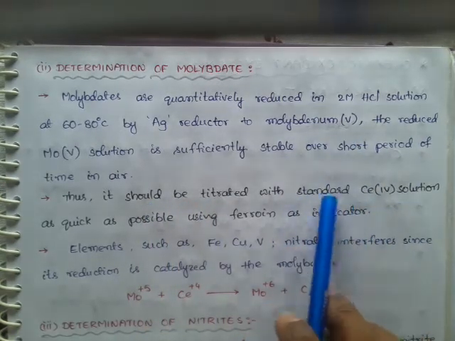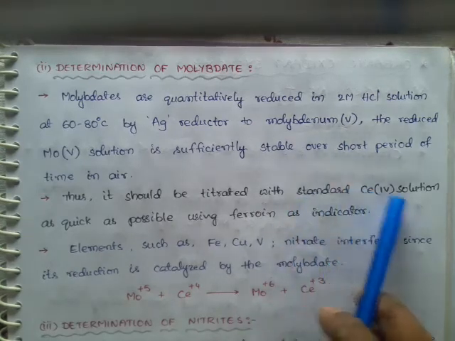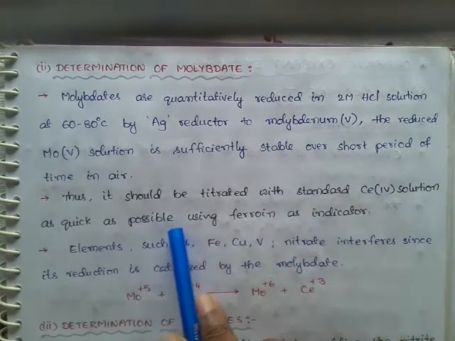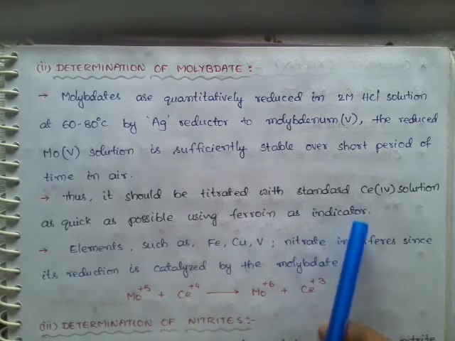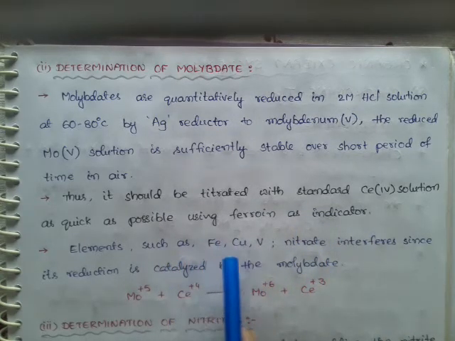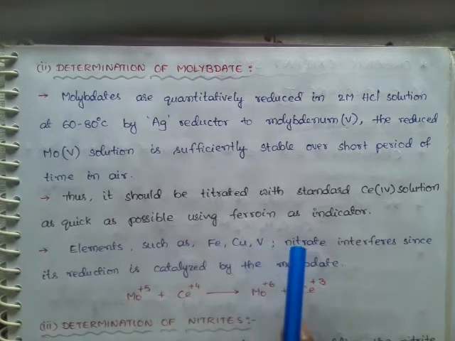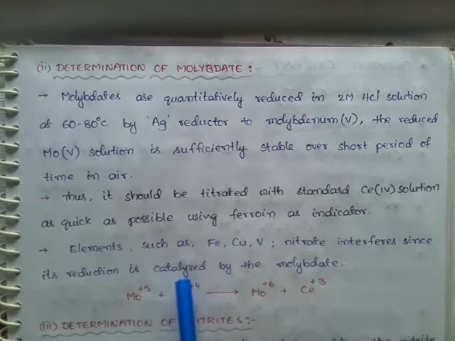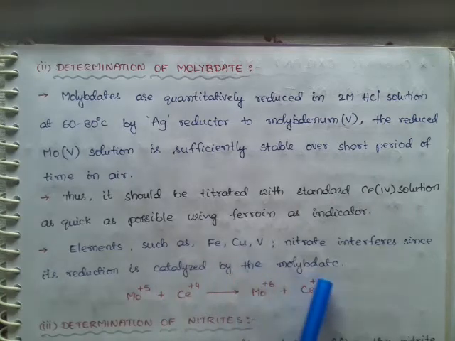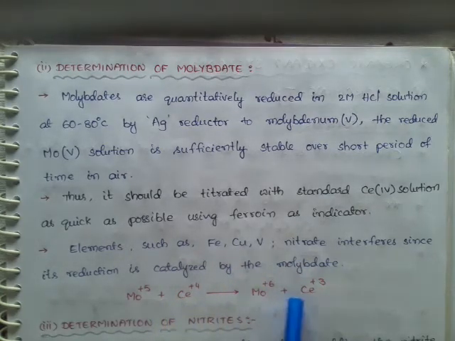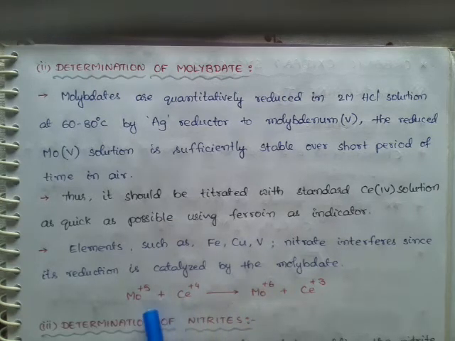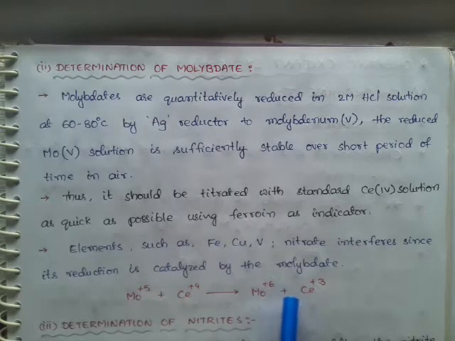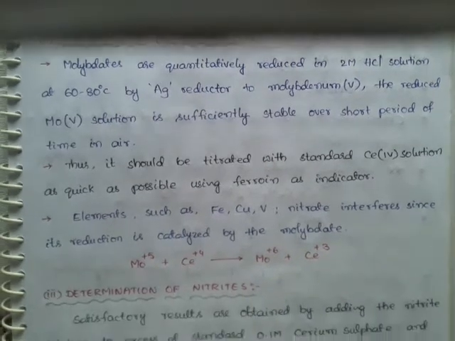Because this is the reduced form, so it will be oxidized by cerium 4 solution as quickly as possible using ferroin as indicator. Elements such as iron, copper, vanadium, nitrate interfere since their reduction is catalyzed by molybdate. So this is the redox reaction of molybdenum 5 and cerium 4 ion to molybdenum 6 and cerium 3.